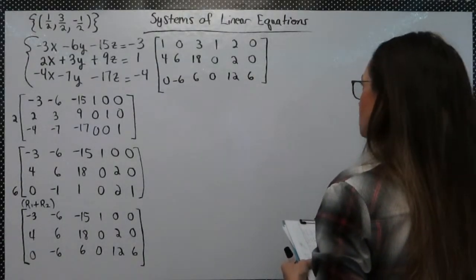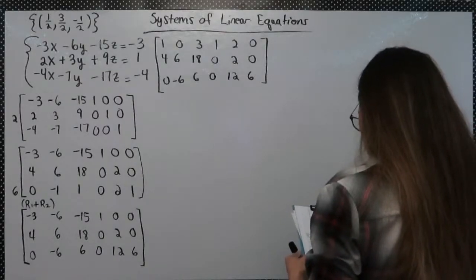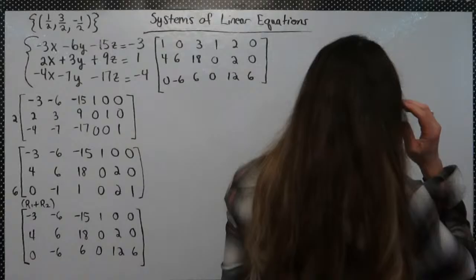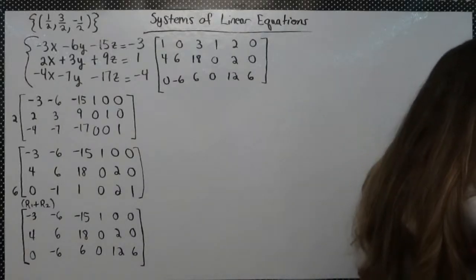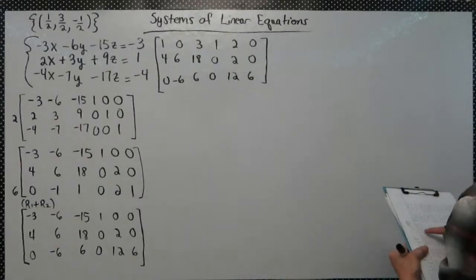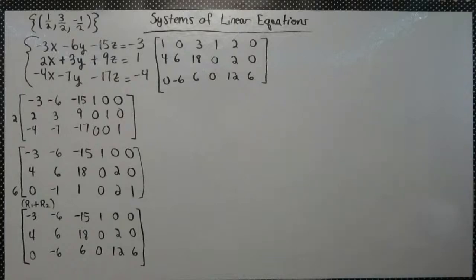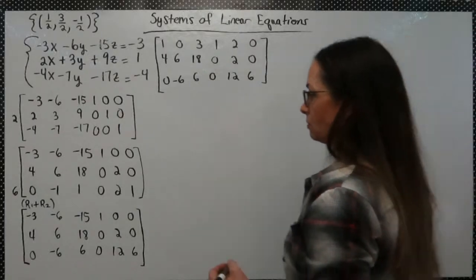Okay. So now what we're going to do is I think what I did here, I wish I would have taken better notes. I added row 2 and 3, and I replaced row 2. That's what I did. I added row, so we're going to do that.